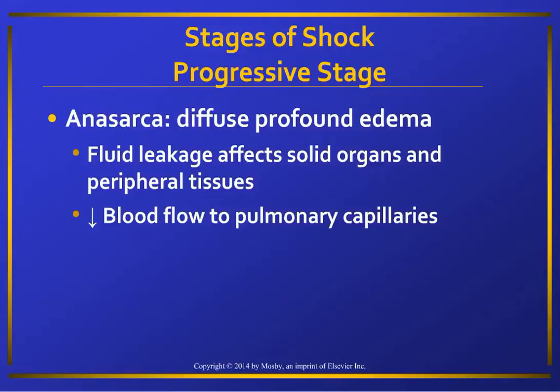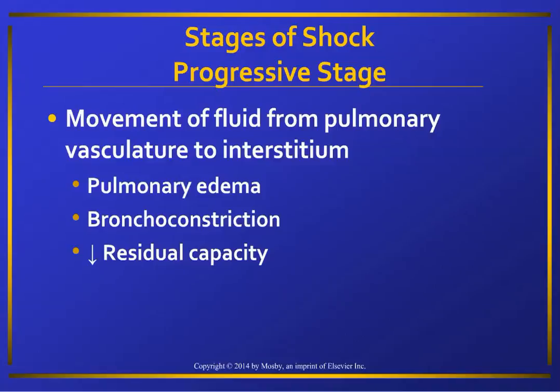There's a decrease in blood flow to the pulmonary capillaries. Another key response in the lungs is the movement of fluid from the pulmonary vasculature into the interstitial space. As capillary permeability increases, the movement of fluid to the interstitial spaces results in interstitial edema, bronchoconstriction, and a decrease in functional residual capacity.